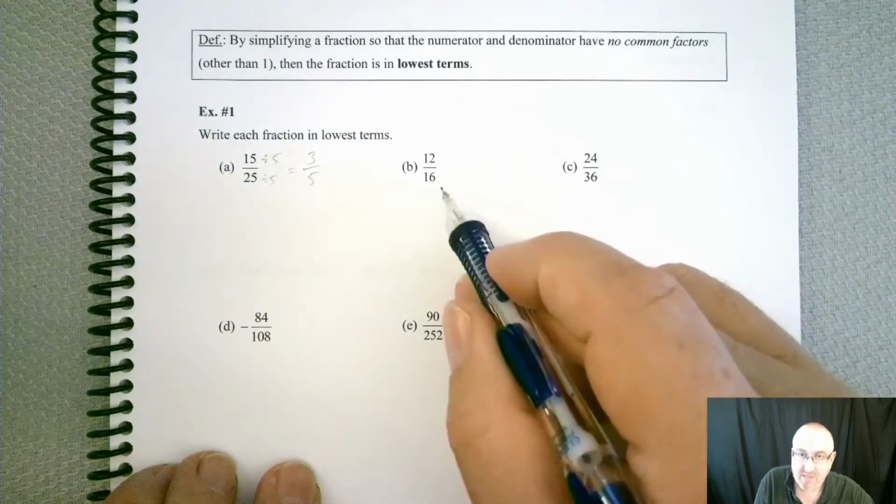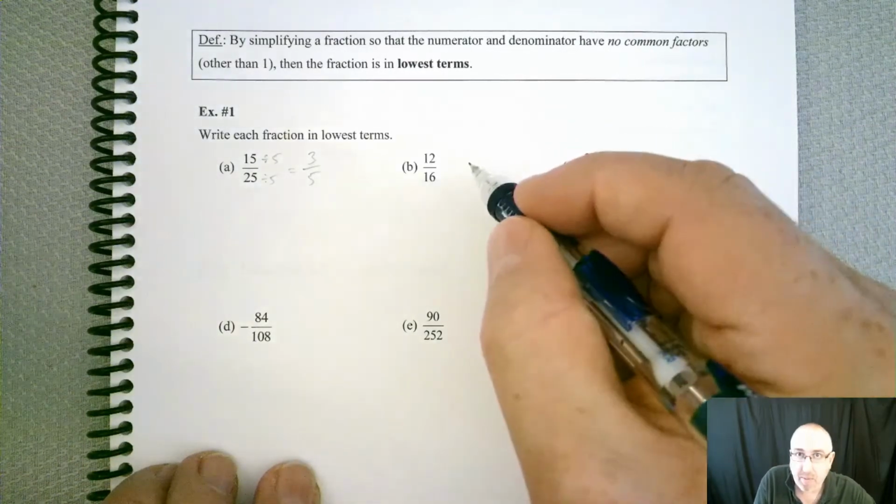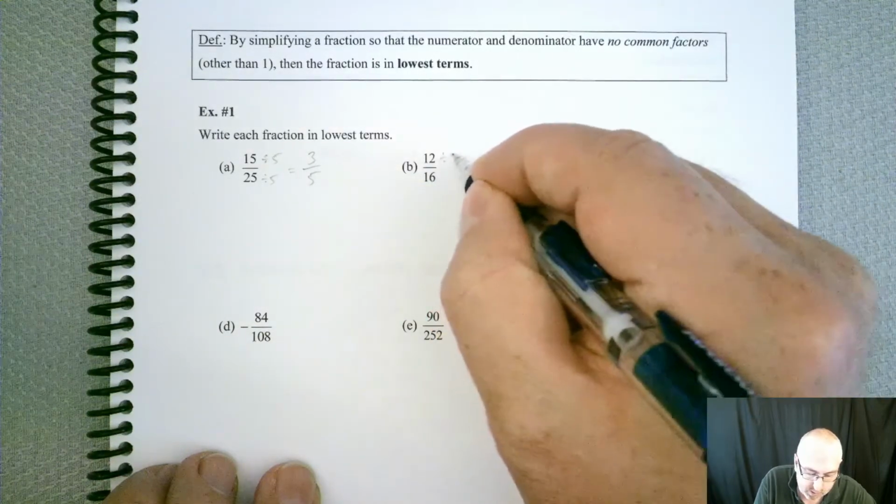So what about 12 and 16? Well, because they're both even, you can always factor out a 2. So 2 would be a common factor, but it's nice to go bigger. If you can go bigger, it's going to be better. But let's say you didn't know. Let's do it with 2.